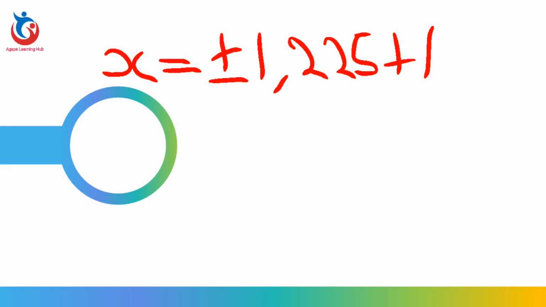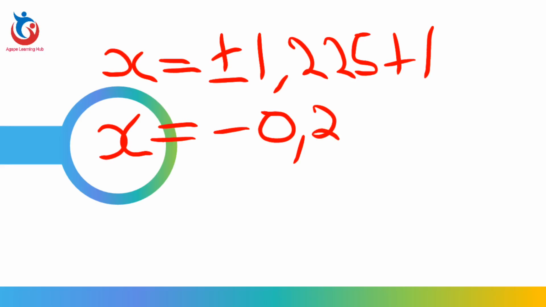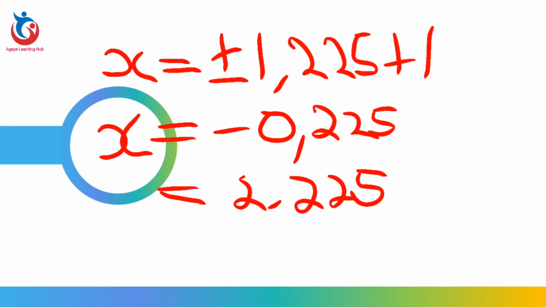When we work that out, we should get x to be equal to negative 0.225 or 2.225.